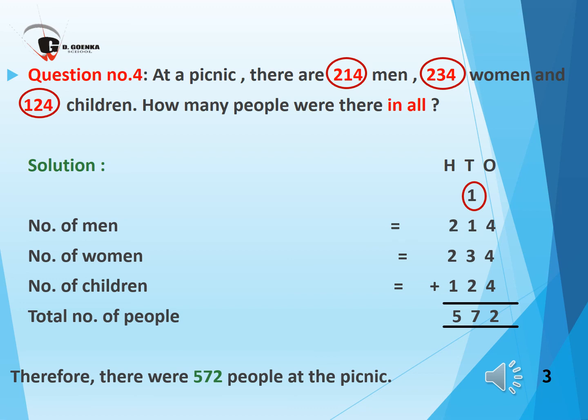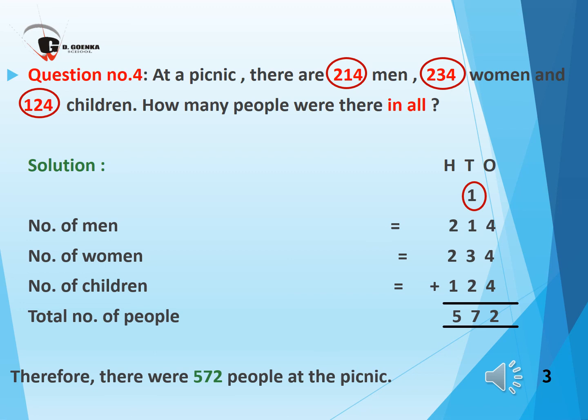Now let's move on towards the tens value and add all the numbers. That is 1 plus 3 plus 2 and 1, which we carry from the ones value, and our answer is 7. Now let's move towards our third step by adding the hundreds value.